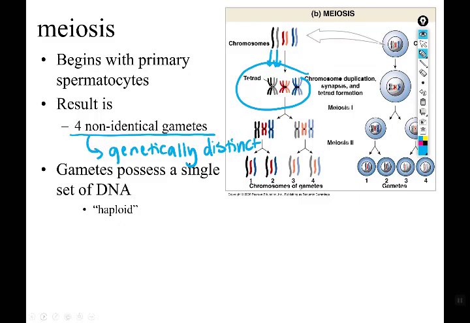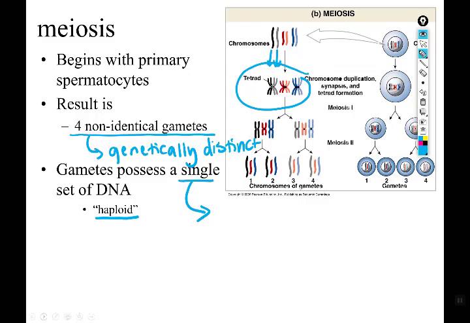instead of a double, and we call this haploid. What I mean by single set is that in our chromosome pairs, we have a pair of chromosomes in which one came from our mom and one came from our dad. So we are represented 50-50 by both parents.